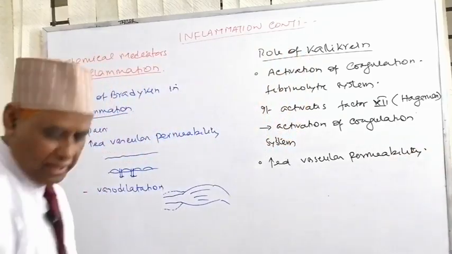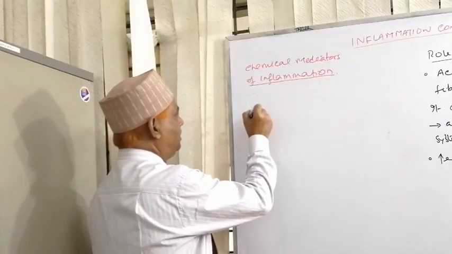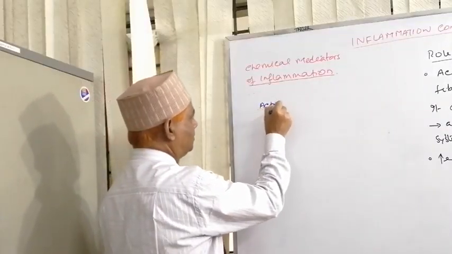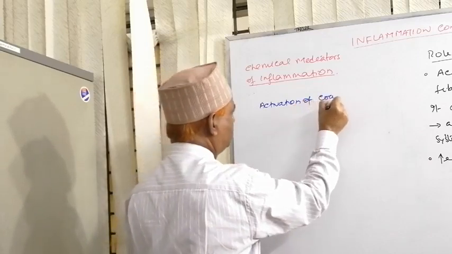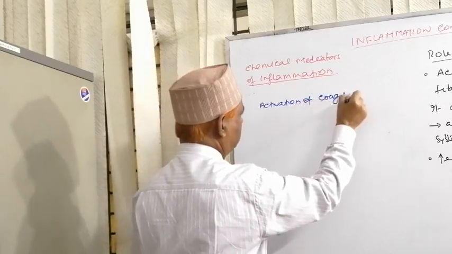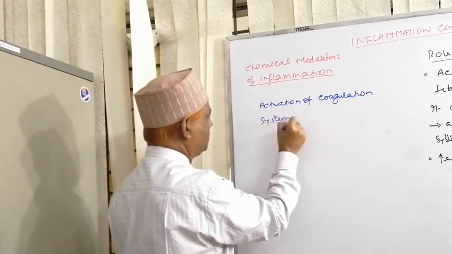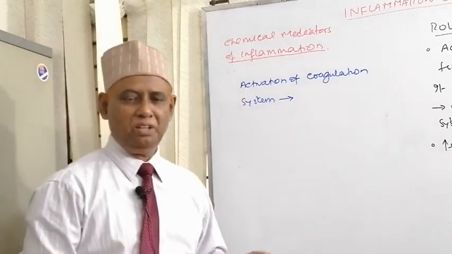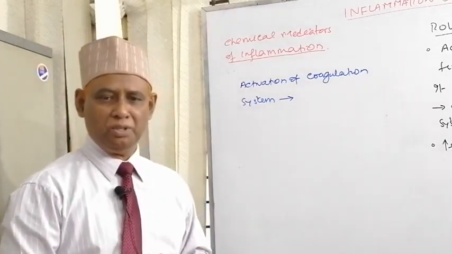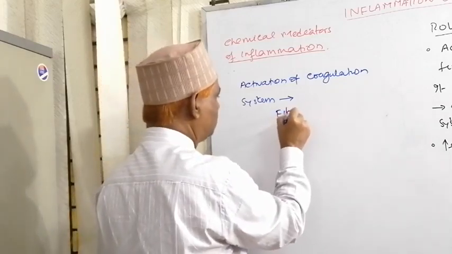Activation of coagulation system. As coagulation system is activated, ultimately fibrinogen is converted to fibrin.